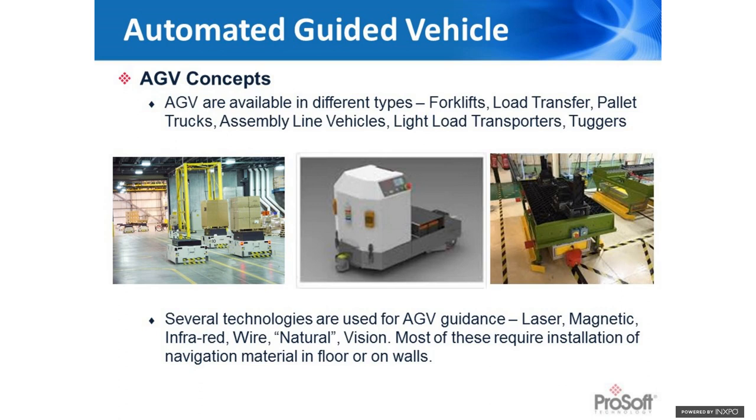Most of these require some kind of navigational infrastructure, either mounted in the floor or on the walls. And this actually becomes an important factor as we look at how to do wireless communications to these vehicles, whether or not we can use the installation that's already happening, or if we need to use something different.